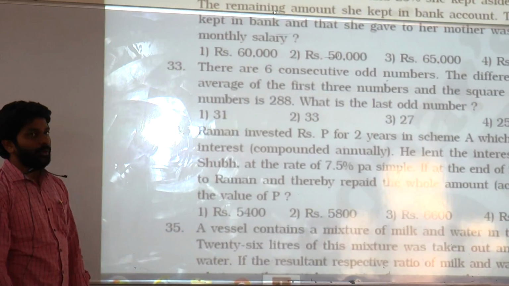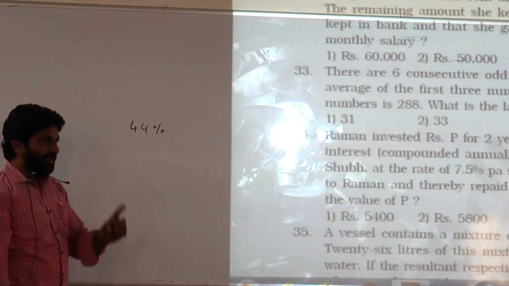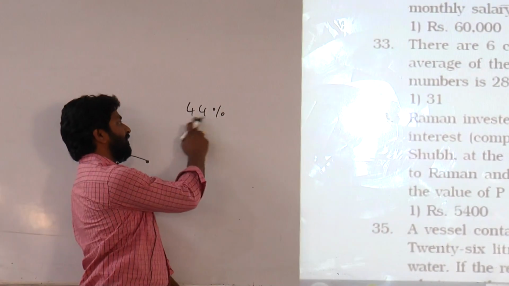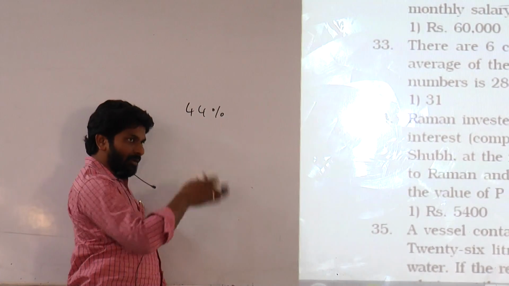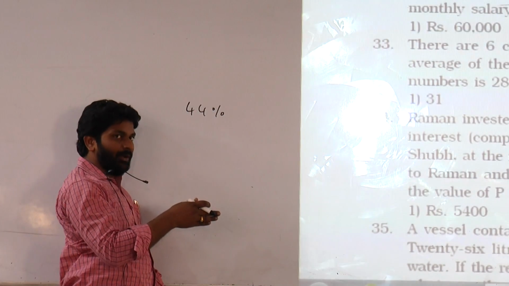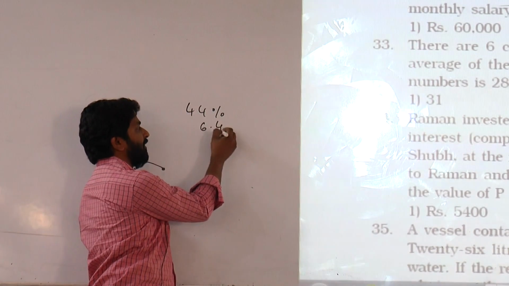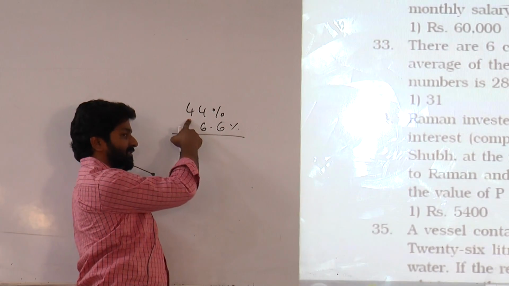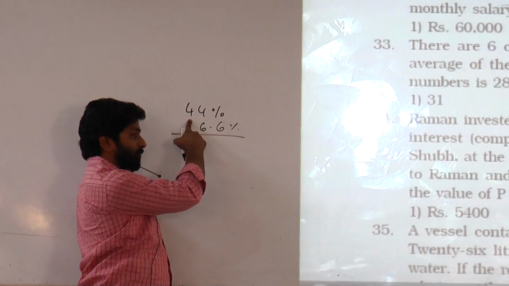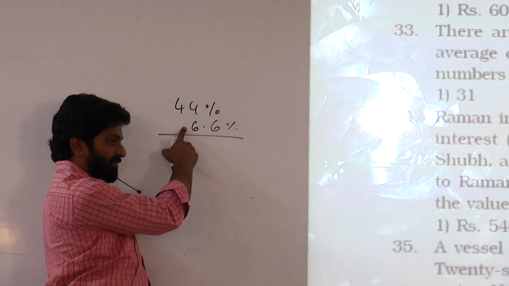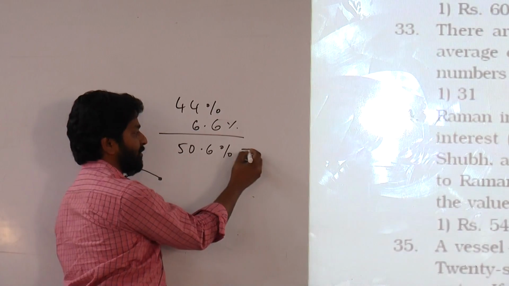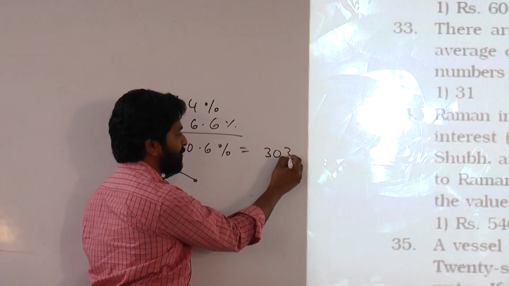Every year you will get 7.5%, so for 2 years you will get 15%. 10% of this number is 4.4, half is 2 and half is 2.2, so total it is 6.6. This is the amount that Shubh got, and the interest paid by Shubh is 6.6. So in total he is going to return 50.6 rupees, which is equal to 3036.